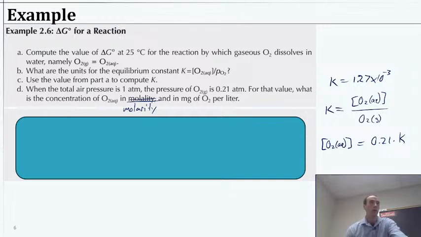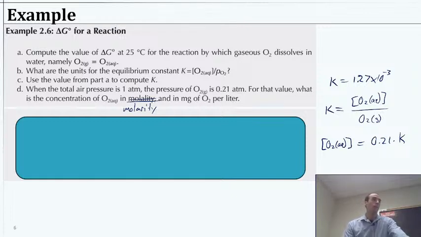Okay, so hopefully you can see that the answer here is simply going to be, we set up the equilibrium equation. The K is equal to oxygen aqueous divided by oxygen gas. And then we can multiply both sides by the concentration of oxygen in the gas phase.